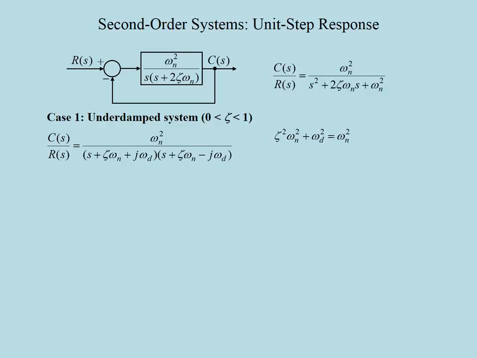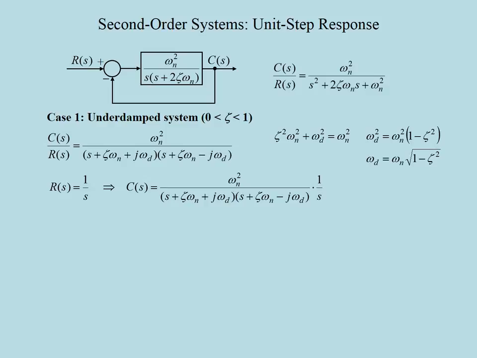Since the sum of squares of the real and imaginary parts of the poles has to be equal to omega n squared, we can express omega d in terms of omega n and zeta as omega n times the square root of 1 minus zeta squared. Now, to find the Laplace transform of the unit step response, we multiply the transfer function with 1 over s.